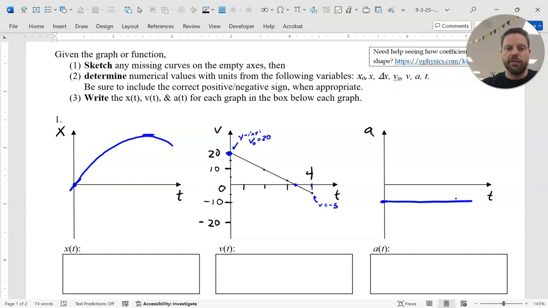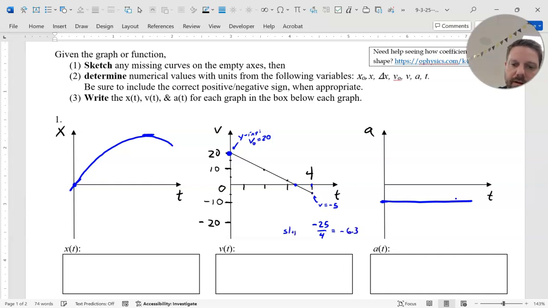If I then look, instead of the x and y axis, at the slope, I already mentioned that's going to give me the acceleration. So if we look at the rise over run, it's going down to negative 5 and over 4. So our slope, which is acceleration, should give us negative 25 over 4, which equals negative 6.3.